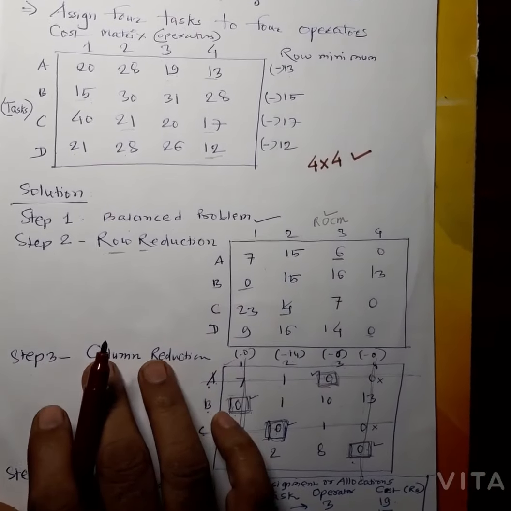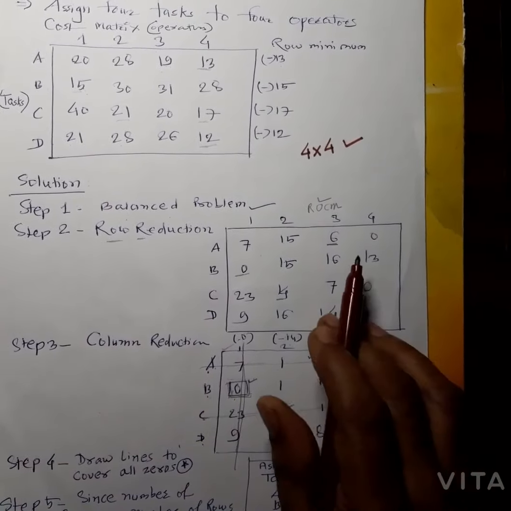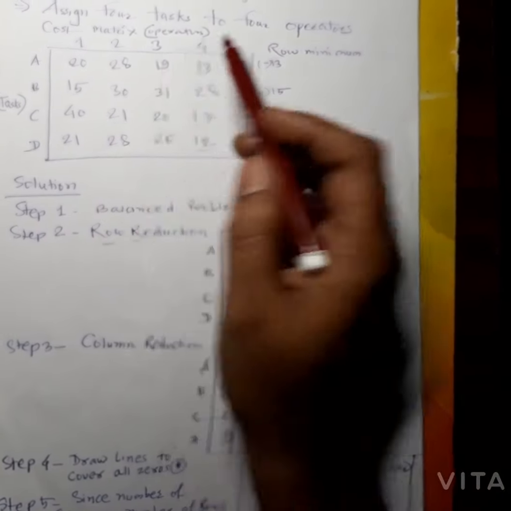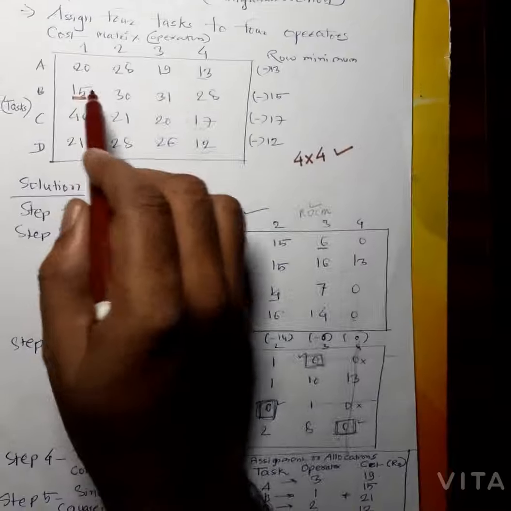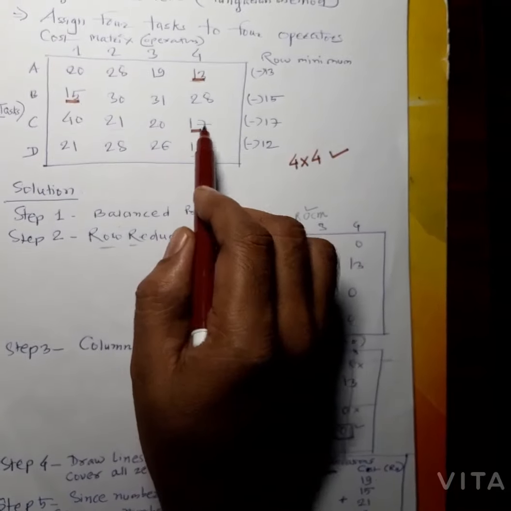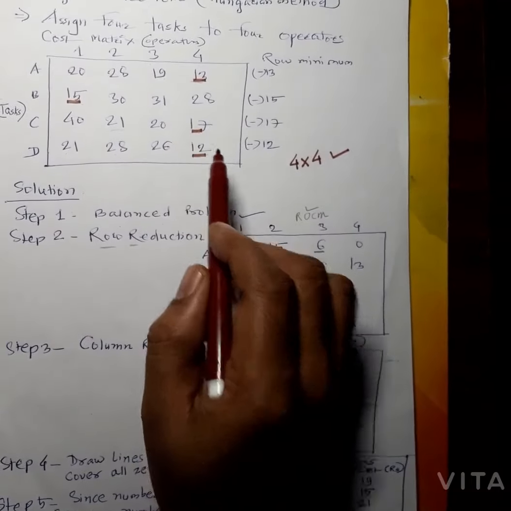Identify the smallest row element. Now in this case we will see 13 is the smallest, 15 is the smallest, in the third row 17 is the smallest, and in the fourth row 12 is the smallest.